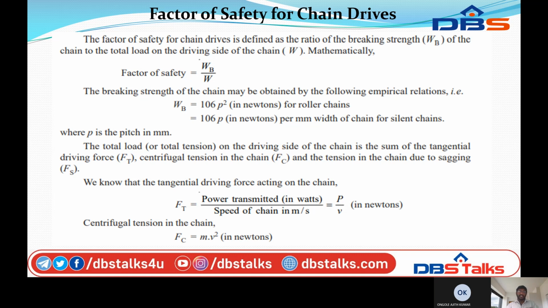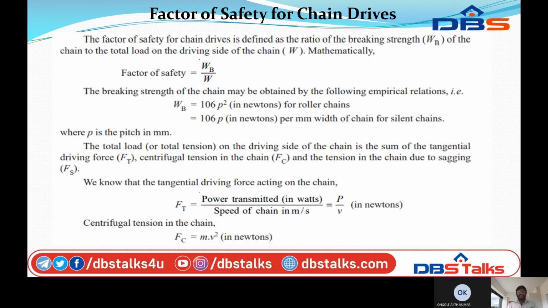We know that the tangential driving force acting on the chain Ft is equal to the power transmitted in watts divided by the speed of the chain in meters per second. Power transmitted is equal to P, speed of the chain is equal to V. Ft is equal to P by V Newtons.